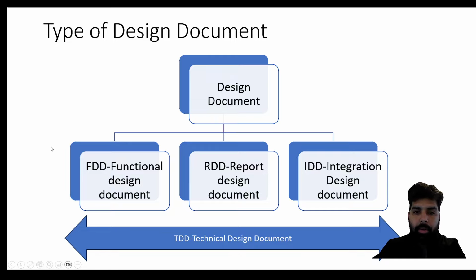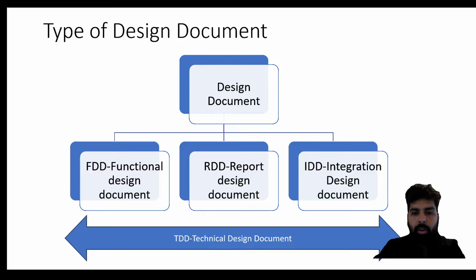Types of design documents. This is very important for us. Normally most organizations divide their design document into multiple parts, but many times everyone calls a single document the functional design document. For clarity, you can categorize the design documents into three parts for a functional consultant: the FDD, functional design document; the RDD, report design document; and the IDD, integration design document.